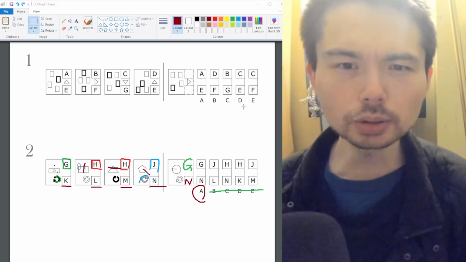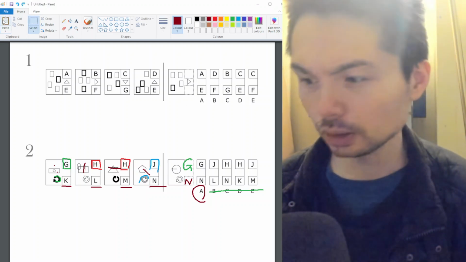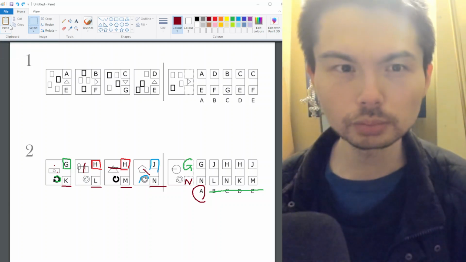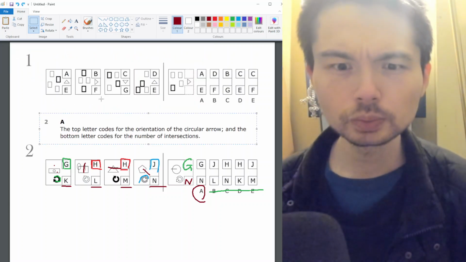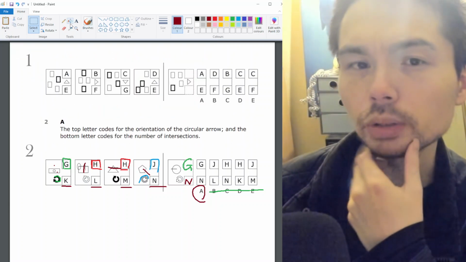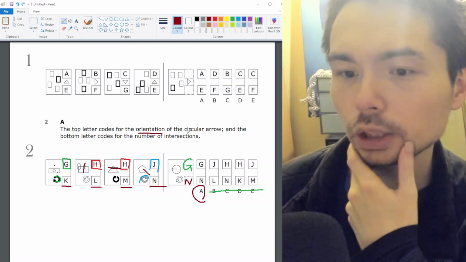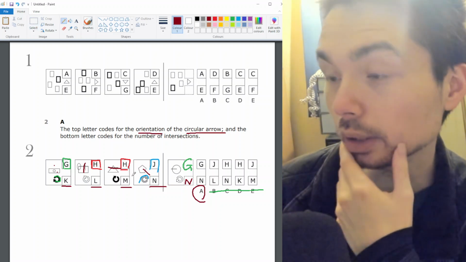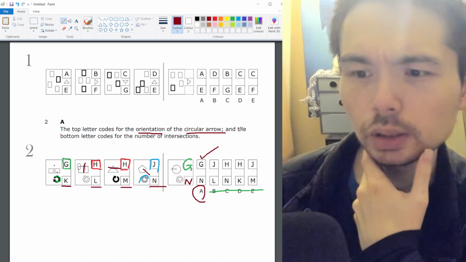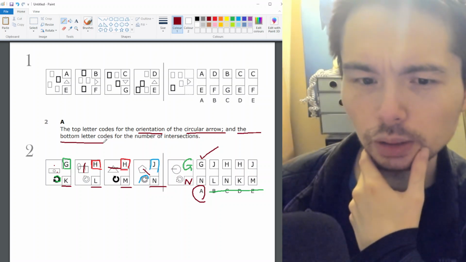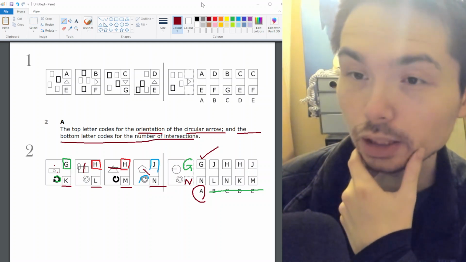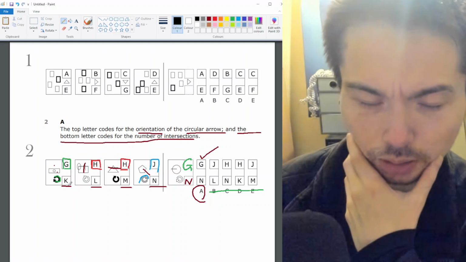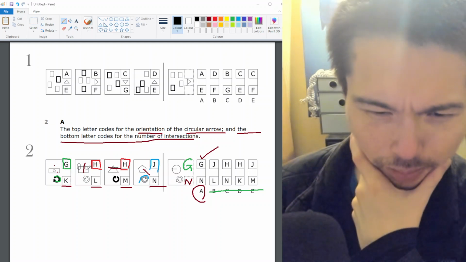Okay, guys, here's the proof. The top letter codes for the orientation of the circular arrow. I just said that. It's just the recycling sign. So G. Now the bottom letter, which is something I didn't think of, the number of intersections. Fascinating. If we look at K, that's 0.